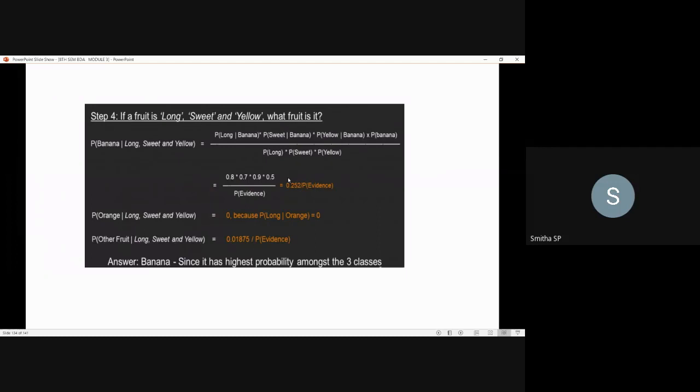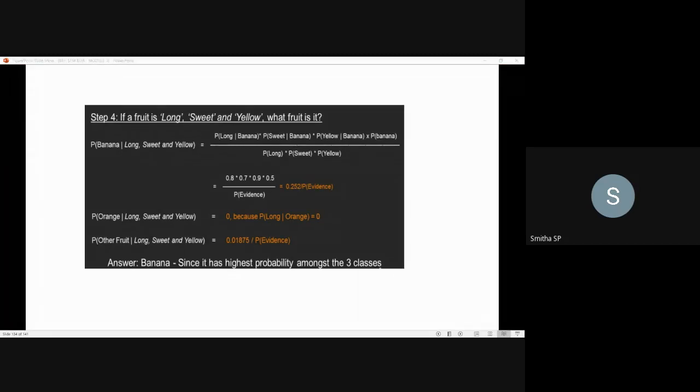This is the higher value you have obtained. So the likelihood is that the fruit you are having is the banana. That is the highest probability among the three classes. So like this you can compute the naive Bayes analysis.